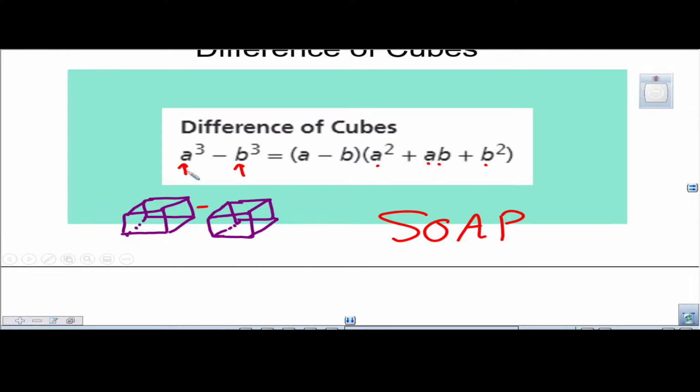So what's this soap? Well, when it comes to cubes, here's what I wanted you to look at. S in soap stands for same. I'm talking about the sign, by the way, because sometimes we need reminders for sign. So look at this. Sign here is the same as what you started with. What did you start with? Well, it was negative. Well, that's going to be the same sign, negative. And then O is opposite. What's opposite of negative?